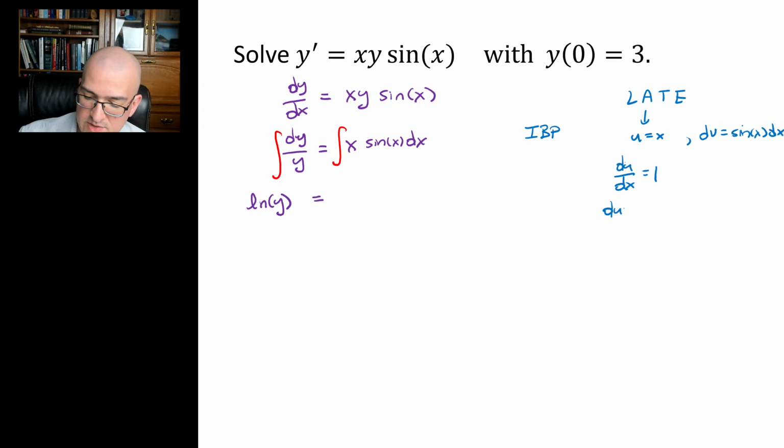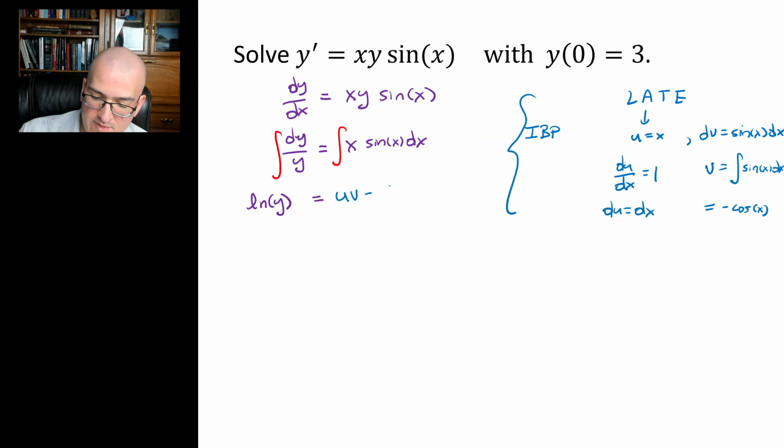So du is equal to dx. And then v is the integral of the sine of x dx, which is negative cosine of x. So we'll take those ingredients and plug them all into the next line, the uv minus the integral of v du integration by parts formula.